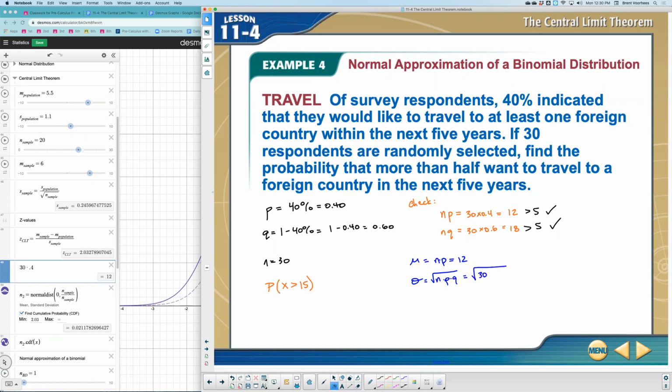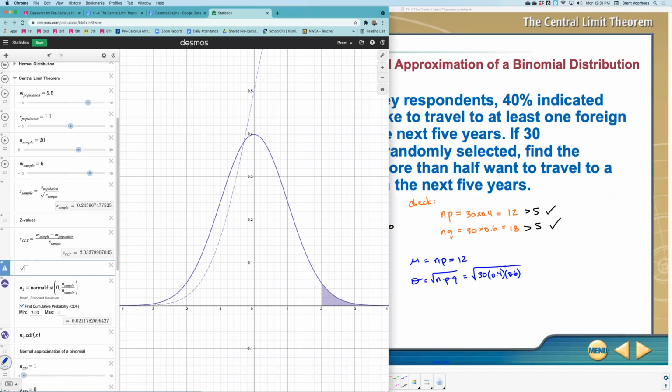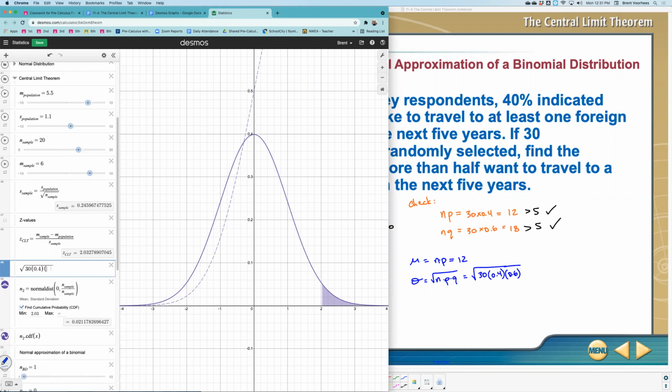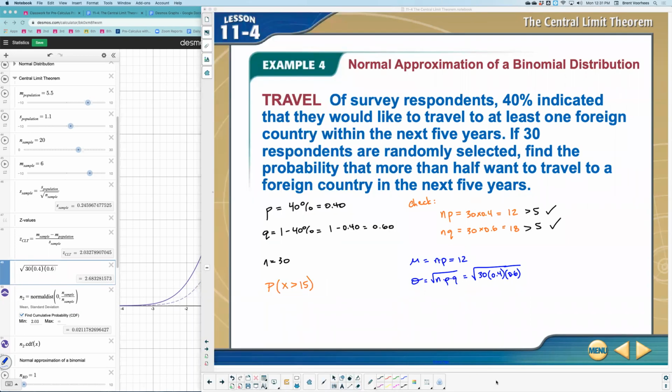Square root of 30 times 0.4 times 0.6. There we go. I'm going to use a calculator now. I'm getting a little bit past where I want to use mental math. Square root of 30 times 0.4 times 0.6. And we get approximately 2.68.